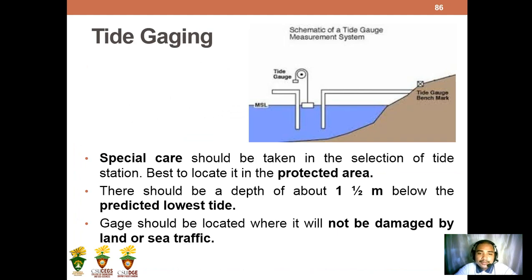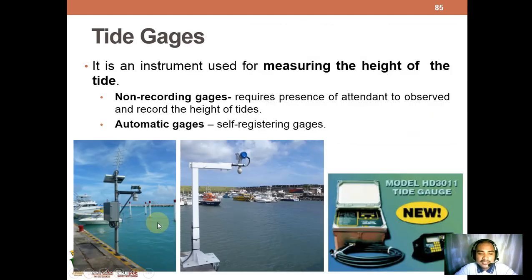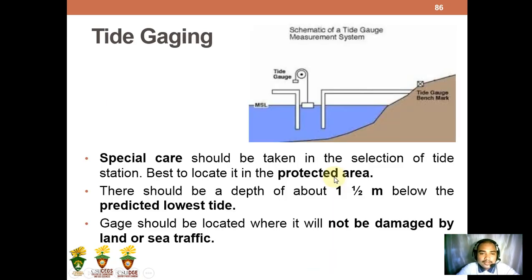So, in tide gauging or in measuring the tides, usually makita nimo ni sa kilid sa sapa or sa kilid sa dagat, rather, or sa mga tulay, usually makita nimo ingani. So those are the tide gauges to monitor if nisaka ba ang tubig or wala, high tide ba siya or low tide. So in tide gauging, special care should be taken in the selection of the tide station, no. Dapat kabalo ka kung asa nimo ibutang, no?